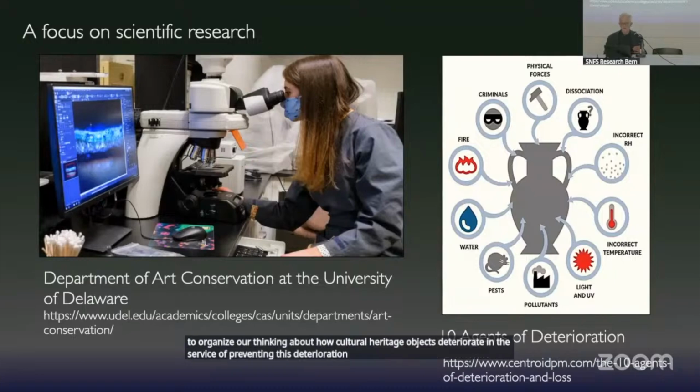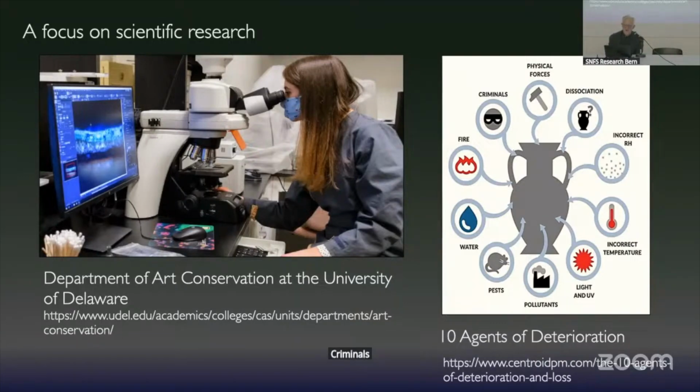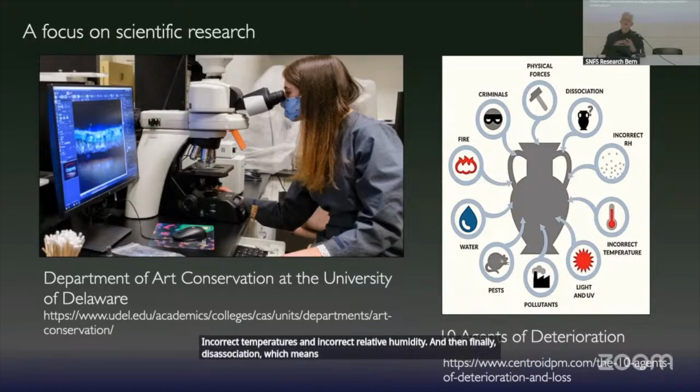So we look at physical forces, criminals, fire, water, pests, pollutants, light and ultraviolet light damage, incorrect temperatures, and incorrect relative humidity. And then finally, disassociation, which means taking the object out of its historical context or losing the documentation associated with the object.